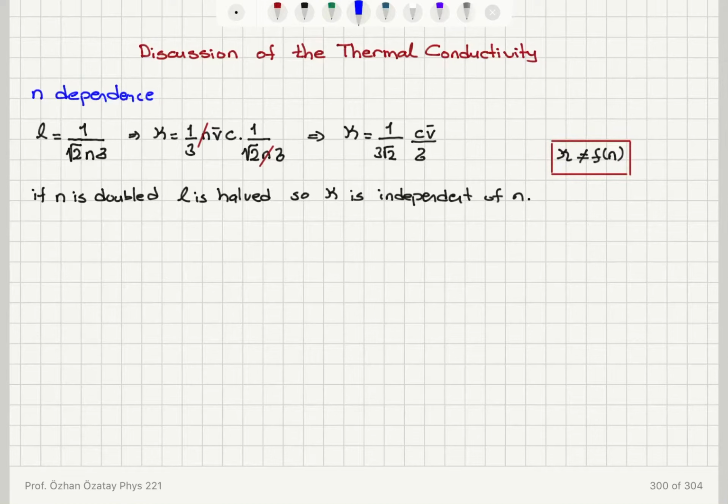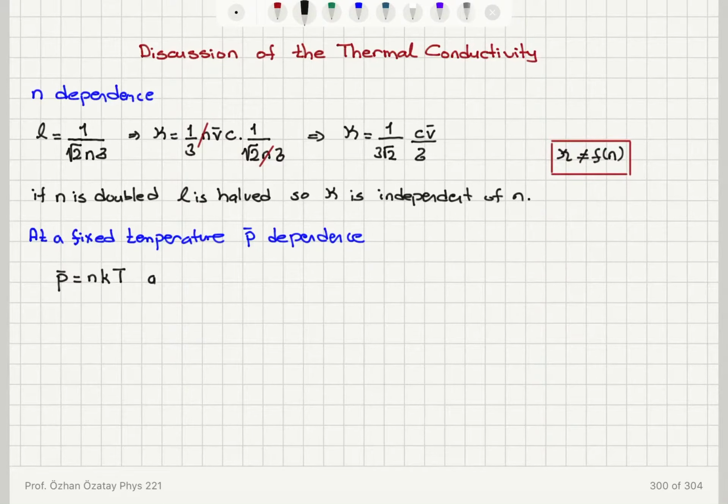Now, at a fixed temperature, we can look at the pressure dependence. Since for this dilute gas we have the ideal gas law, P bar is equal to nkT, the number density times Boltzmann constant times temperature, you can see that since kappa is independent of n, and if the temperature is fixed at a given temperature, we will have no dependence on pressure.